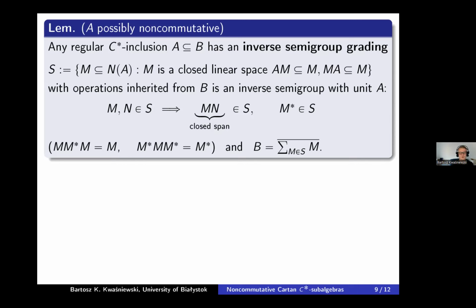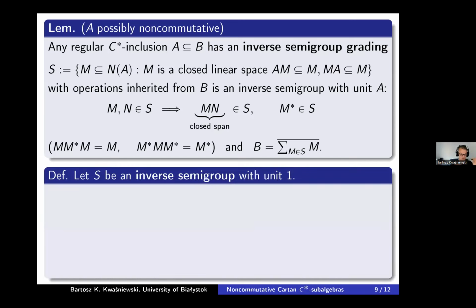I will maybe show the next definition and then try to explain the issue. In a subgroup grading, I want to impose this kind of independence. But since inverse semigroup elements are not totally independent, because we have this natural preorder, I need to make this condition slightly different.